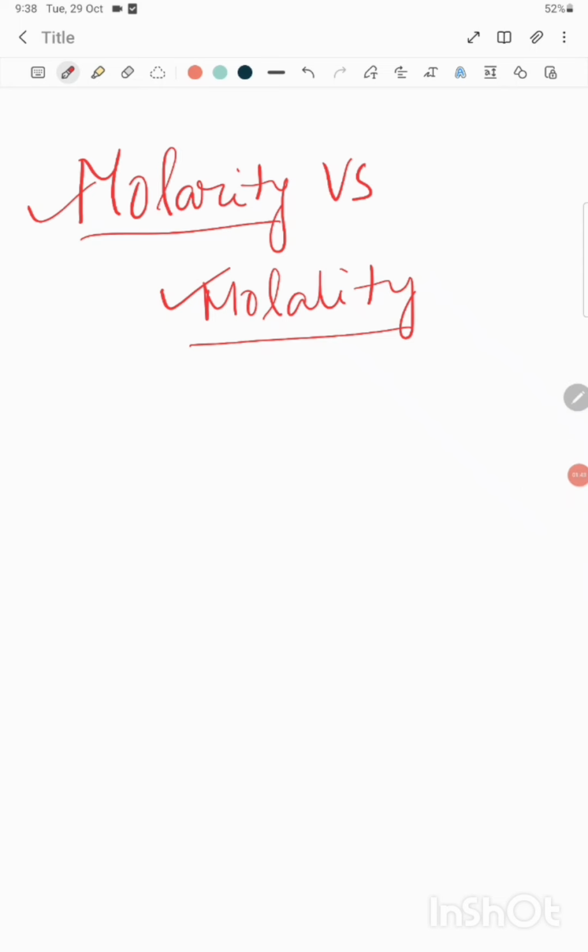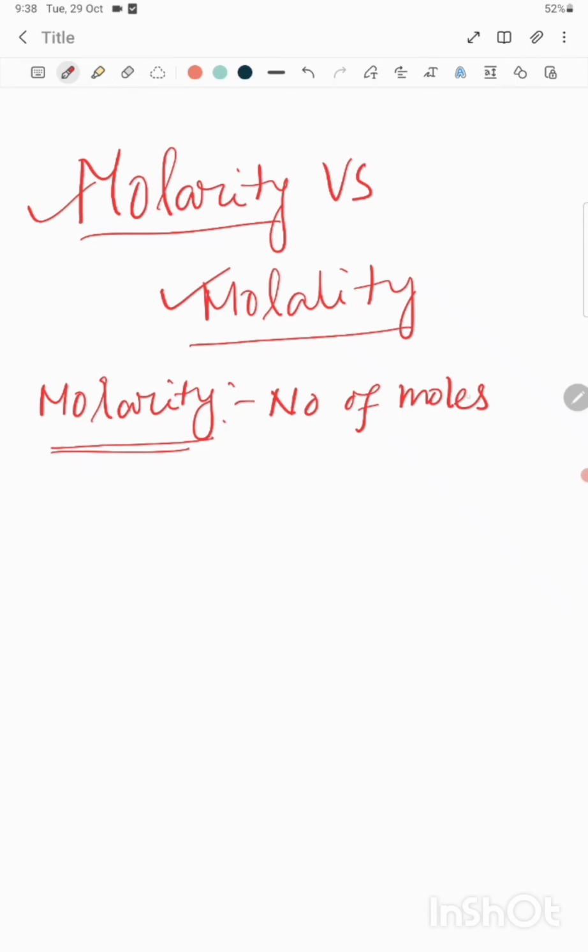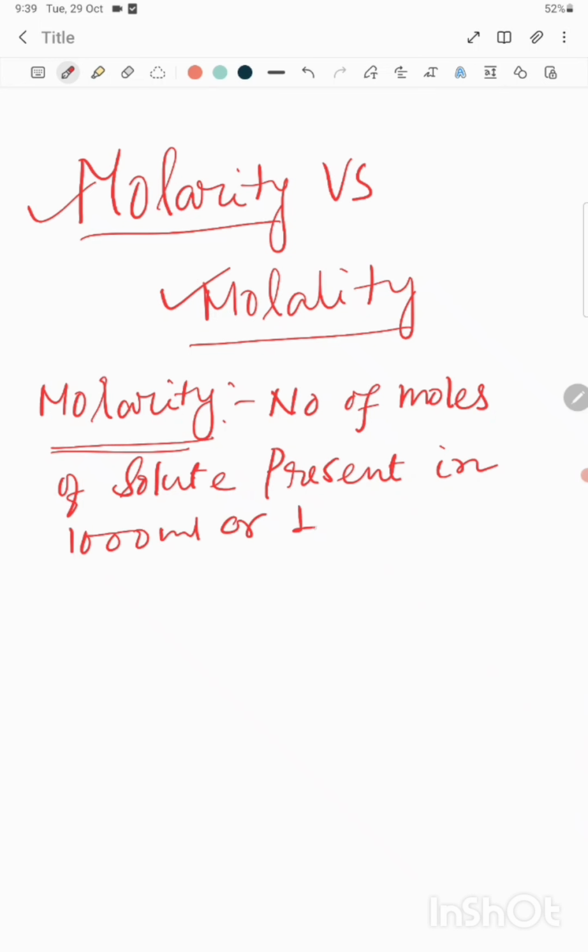So first of all, what is the definition? First it is molarity. What is molarity? Molarity means number of moles of solute present in 1000 ml or 1 liter of solution.